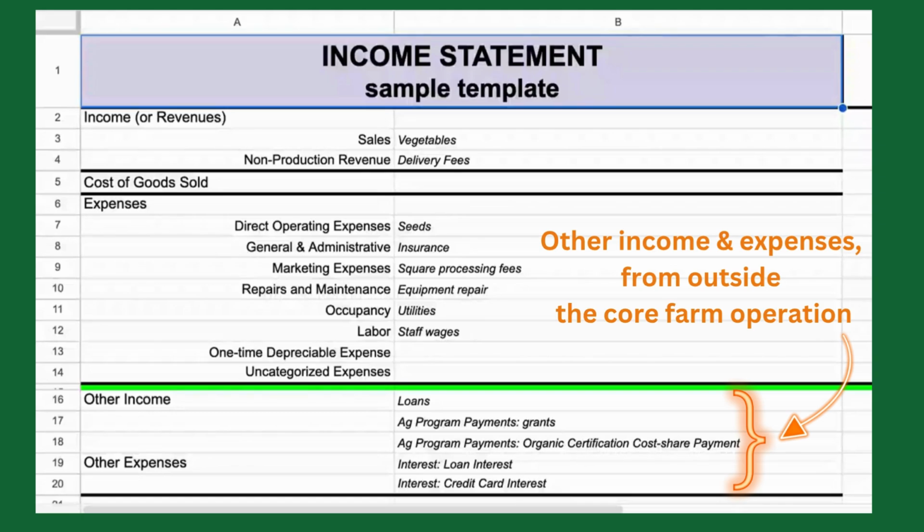And by income and expenses that are derived from outside your core farm operation, I mean things like loans and grants, cost share payments, as well as loan interest and credit card interest payments. That kind of stuff belongs below the green line.